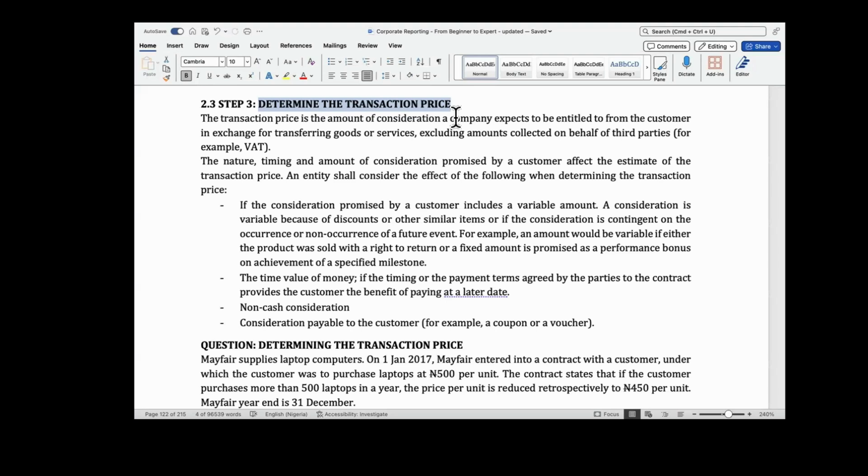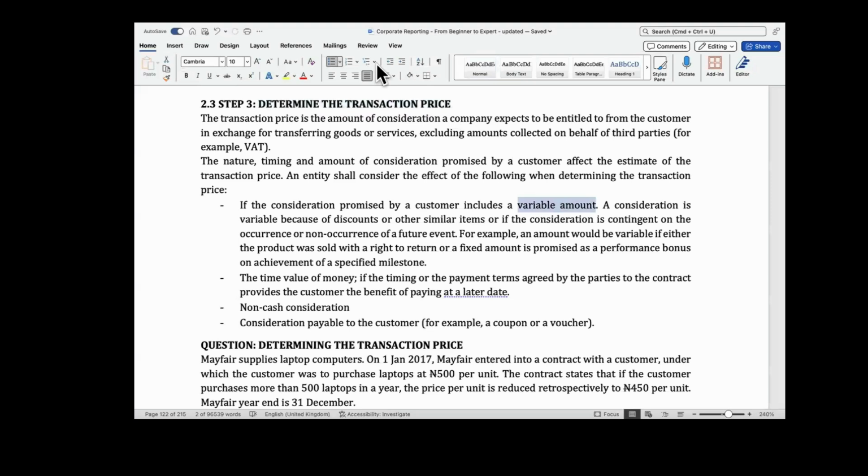And you see, when it comes to transaction price, it's quite straightforward. So there's nothing much here. You just need to understand the fact that the consideration might include some variable amounts in the sense that there might be discounts to the customer.